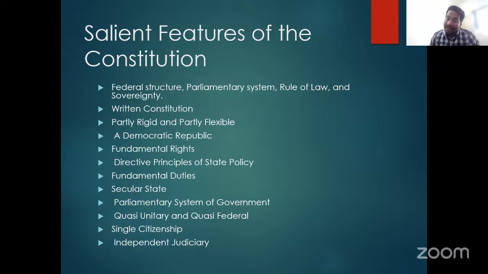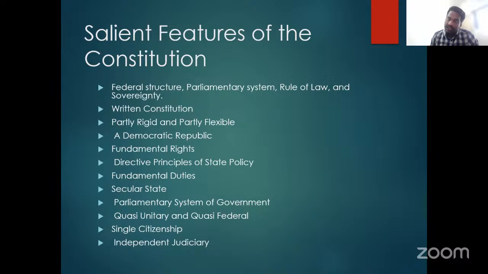Here, the president of India is a nominal or titular head who remains in office for 5 years. Here, the powerful one is the prime minister. The council of ministers headed by the prime minister is the real head. It is collectively responsible to the Lok Sabha. It is the main feature of the parliamentary system of government.